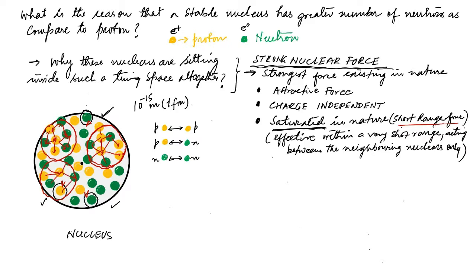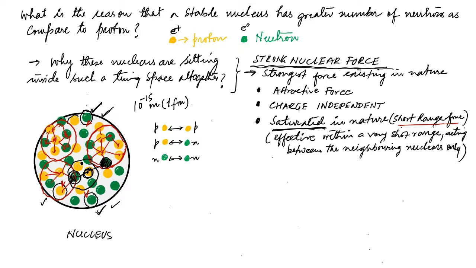But it does not happen that one neutron from this region is attracted by another neutron in that region. If this neutron is sitting at this side and that one at the other side, they are not affected by the strong nuclear force.